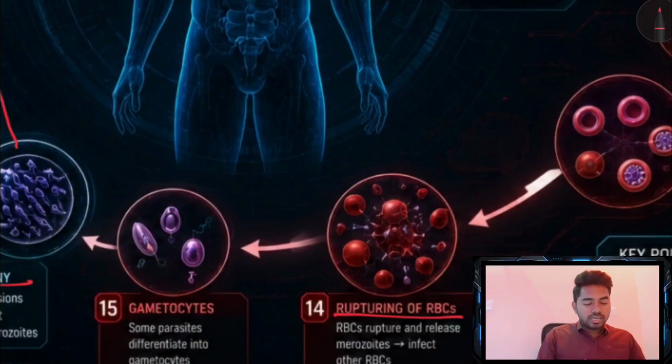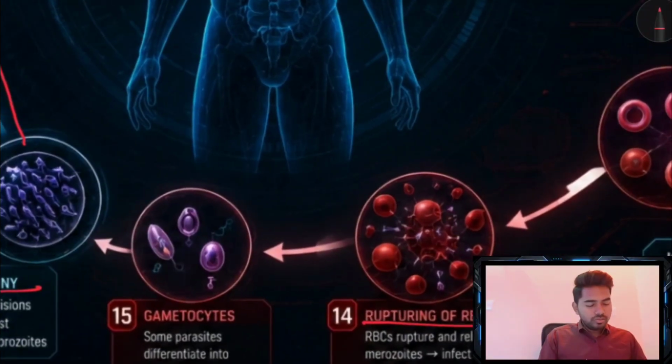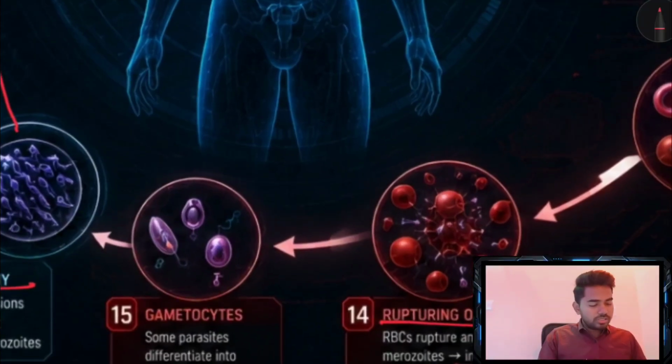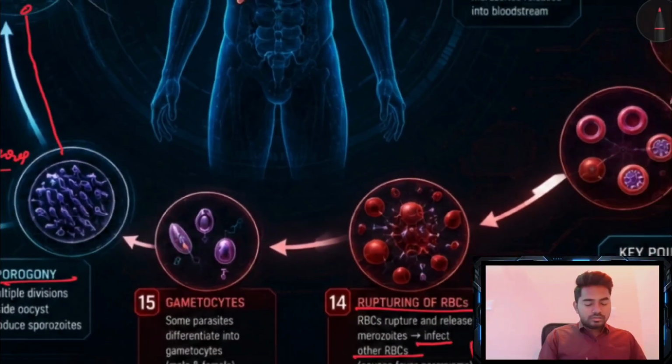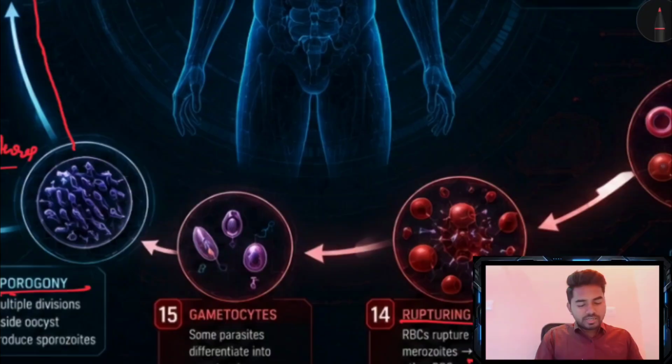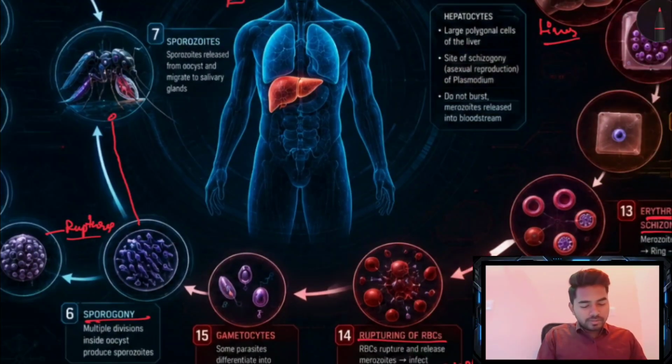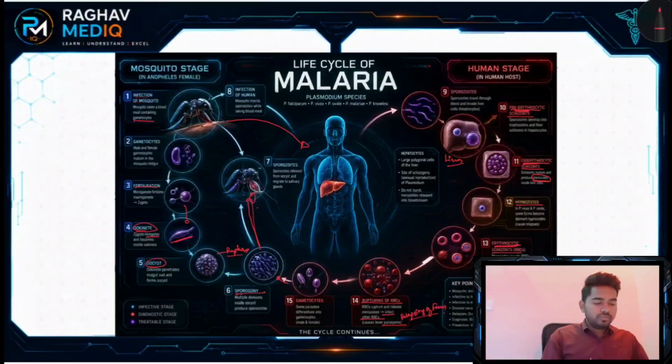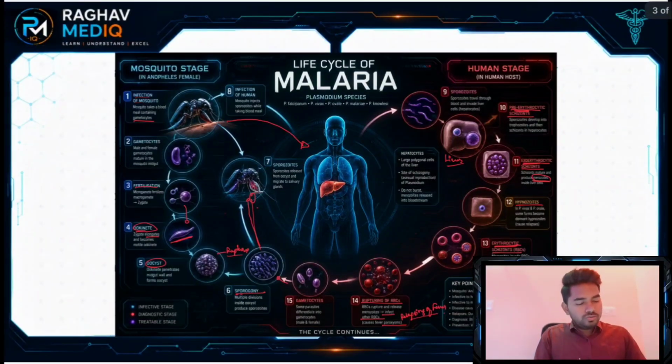These merozoites can infect other RBCs also and can cause paroxysm. Paroxysm is nothing but relapsing of fever. Then the cycle continues. It will produce gametes, and gametes will be taken up by the mosquito, and the same cycle continues. Hope you guys understood.